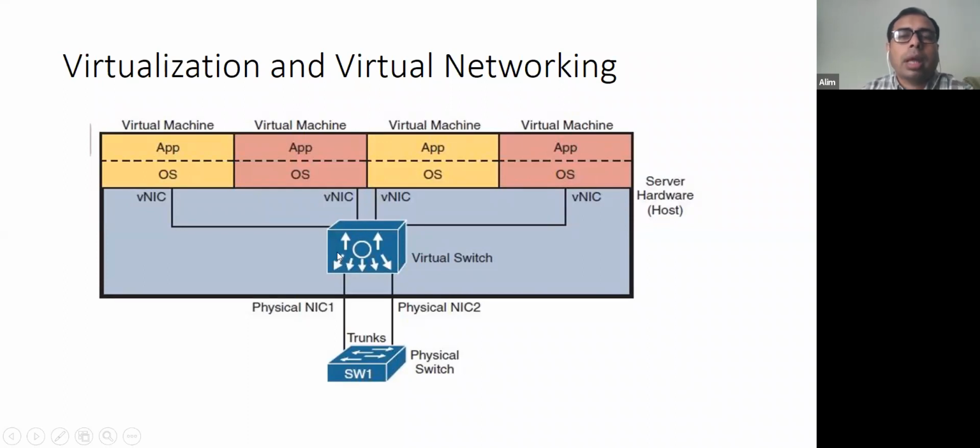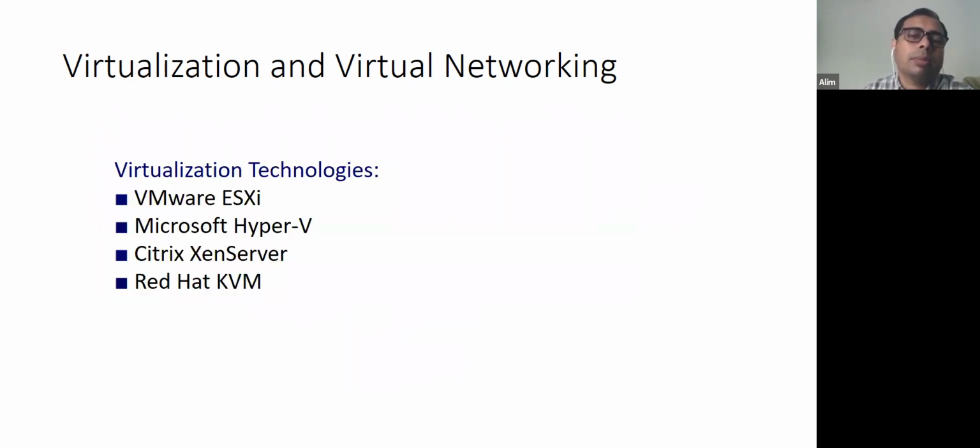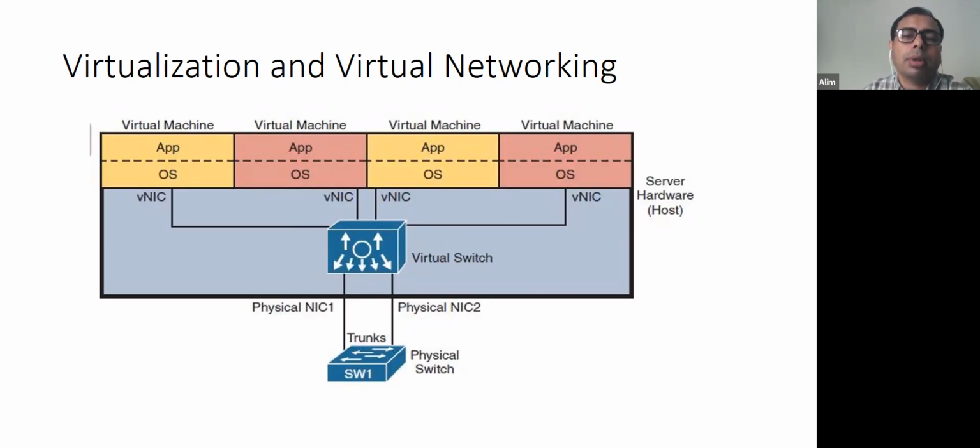And there is a hypervisor. Which hypervisor? VMware, Microsoft Hyper-V, XenServer, Red Hat KVM, whatever. Then you can create virtual machines. There are 4 virtual machines. Virtual machines also have an OS, operating system, and applications are installed on that operating system.